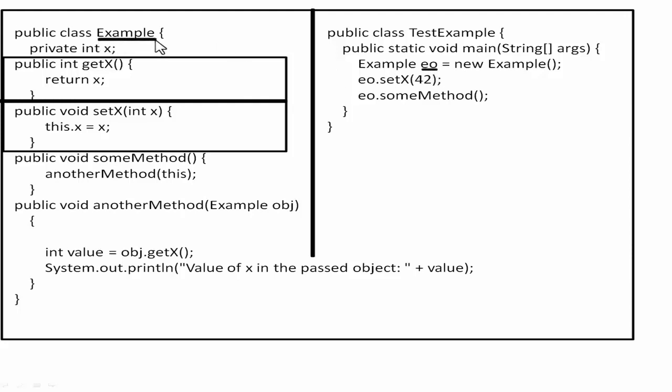We have already declared a private integer x. Here evo is an object, and you have created an instance. Now evo.setX(42). Whenever you set x to 42, you are passing one parameter, and that parameter is assigned through this.x equal to x.